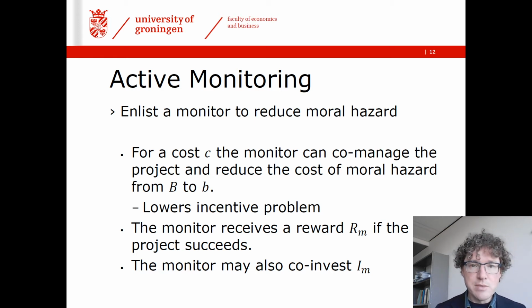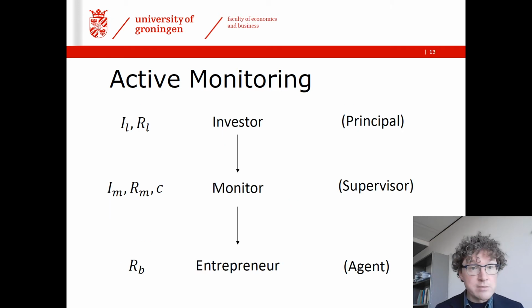And we'll also assume that this monitor might also be a co-investor. So the monitor might be a bank, for instance, who has a seat on the non-executive board of this company, and they may actually co-invest into this company an amount IM, the monitor's investment share.